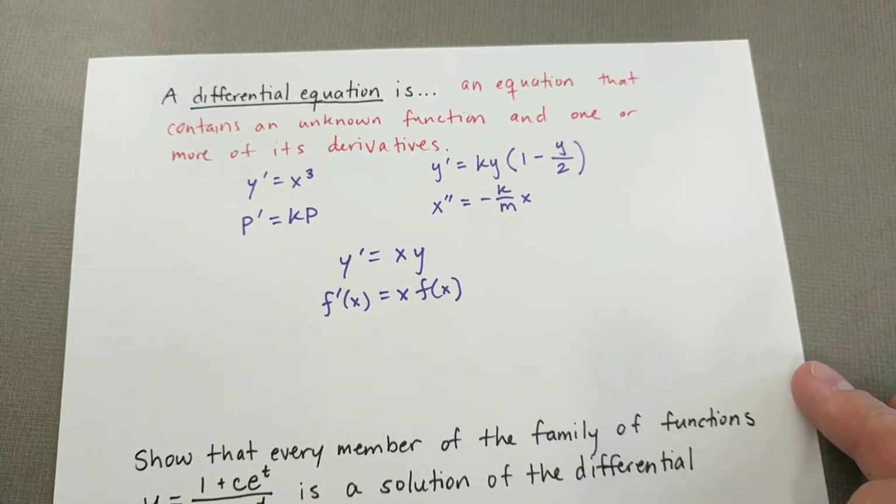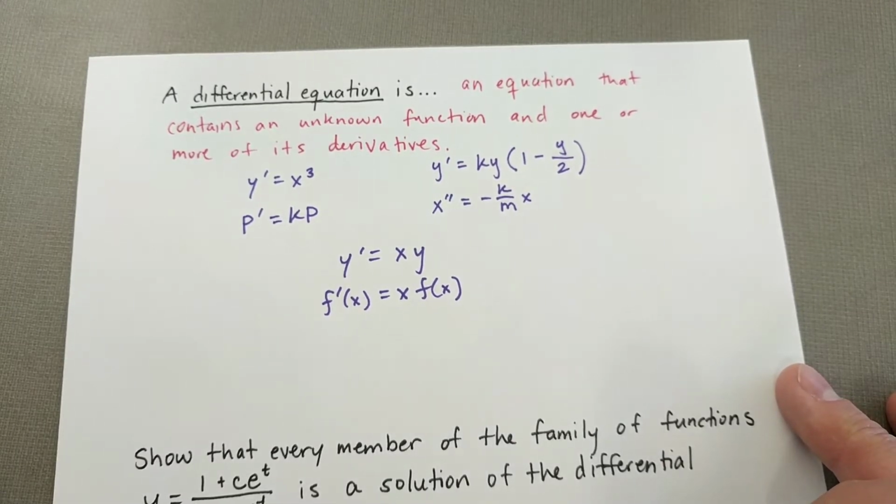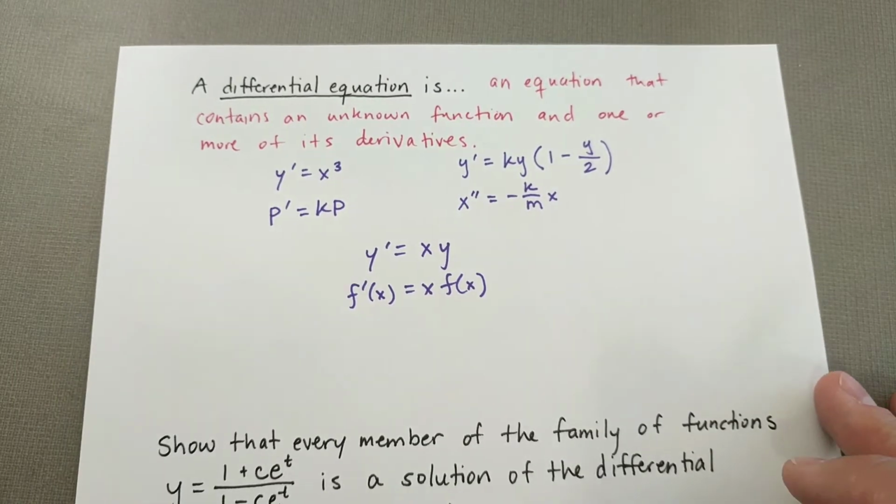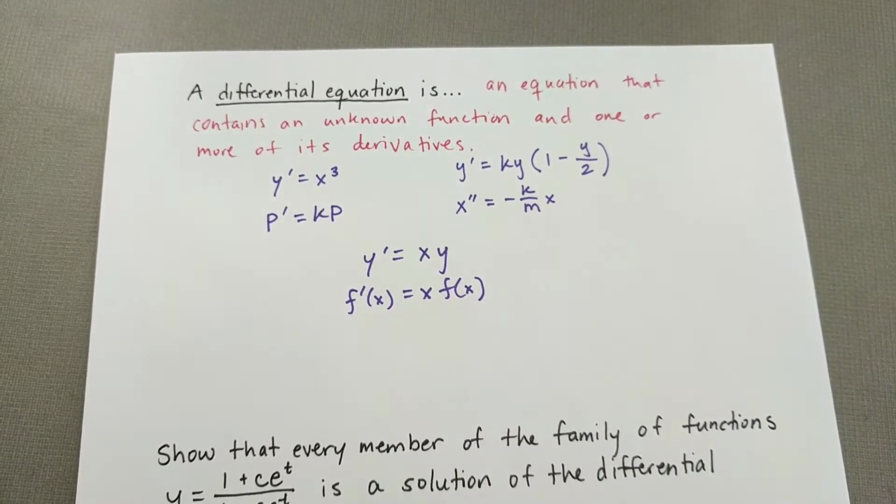So let's get into seeing what it means to be a solution. Just a quick reminder: when you're thinking algebraically about whether something is a solution, you plug it in and simplify to get a true statement.